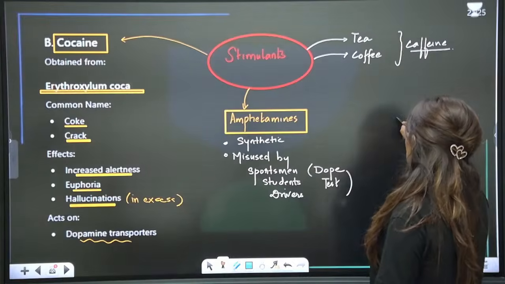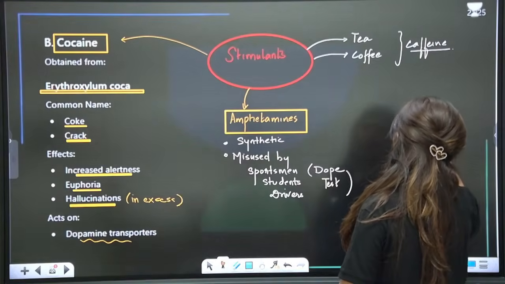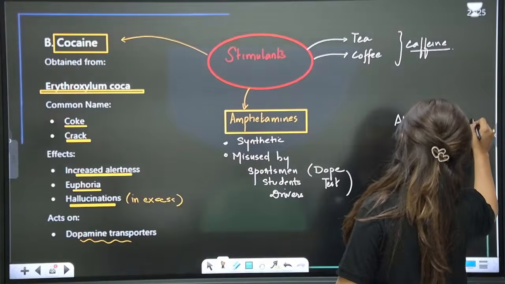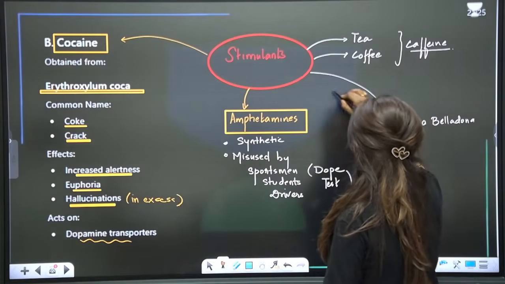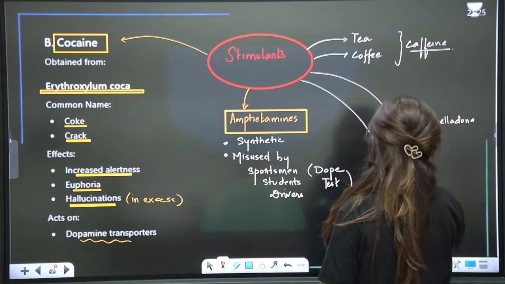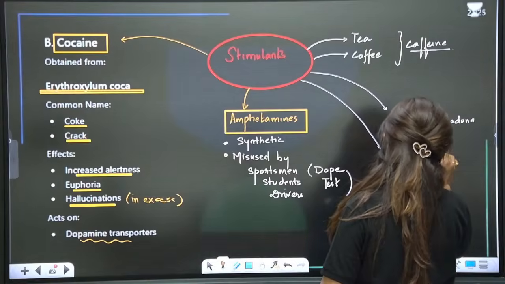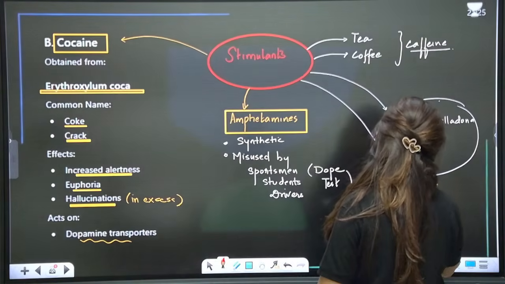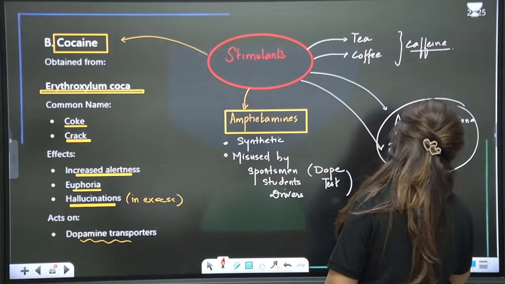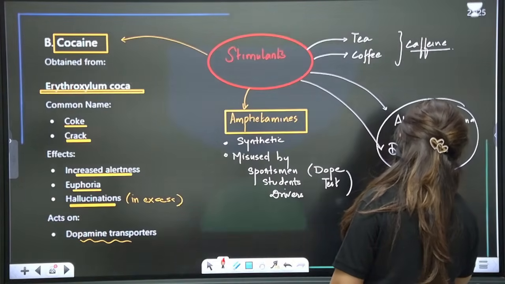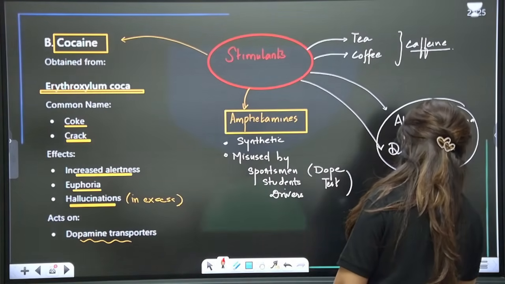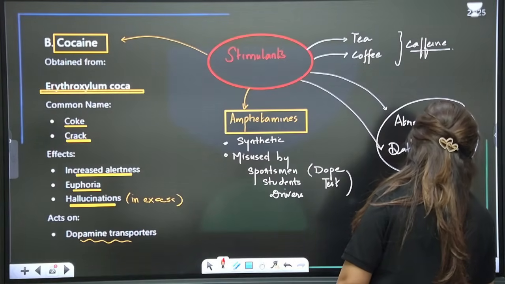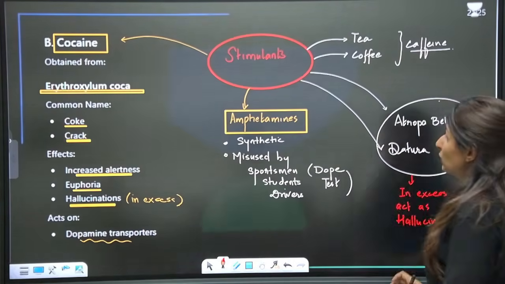Then Atropa belladonna and Datura, these are also sources of stimulants, but in excess even these cause hallucination. In excess they act as hallucinogens. Is that clear? So this is about stimulants.